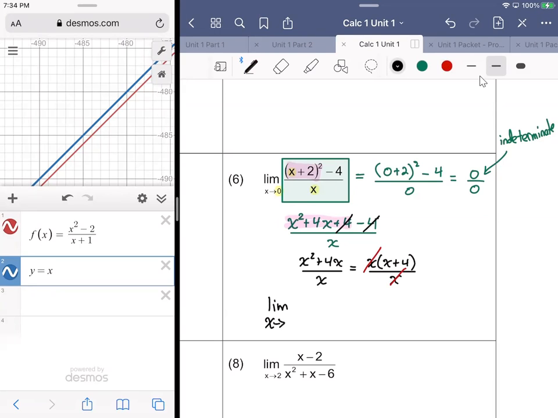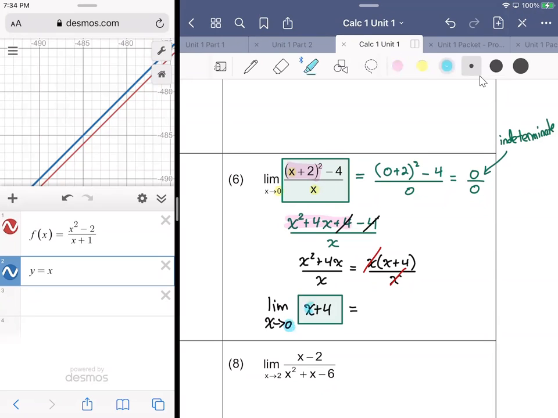Limit as x approaches 0. Instead of this big old mess here, I have just an x plus 4 that'll accomplish the same goal, because it doesn't matter whether or not there's an actual point at the location. It just matters that you can identify the location that the graph is approaching as x is getting closer and closer to 0. So now I would substitute again.